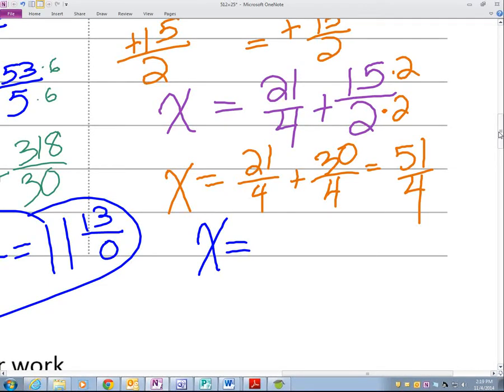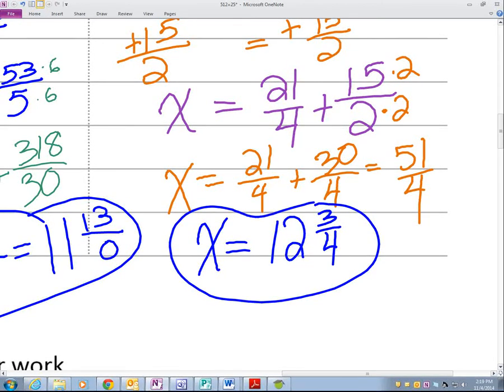Yep. 12 3/4 is correct. And if you're in my first and second period, or the third and fourth period, there was a mistake that showed 1/2.